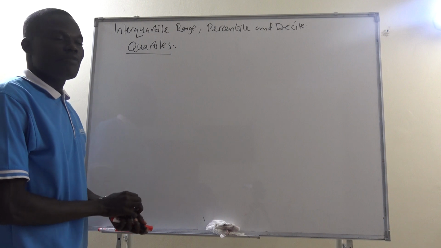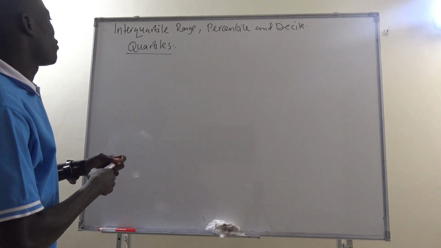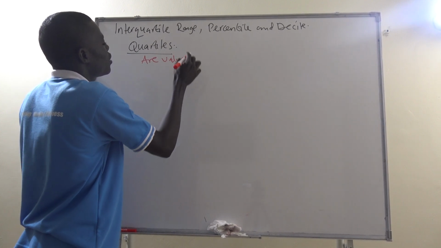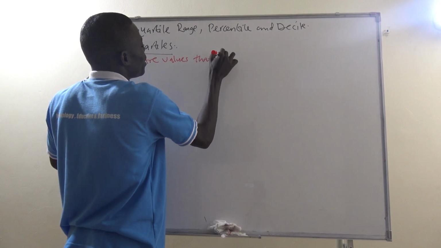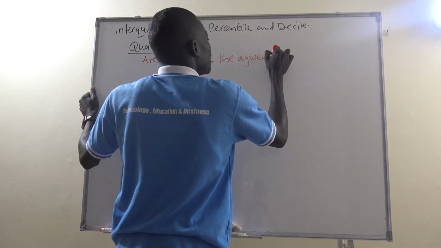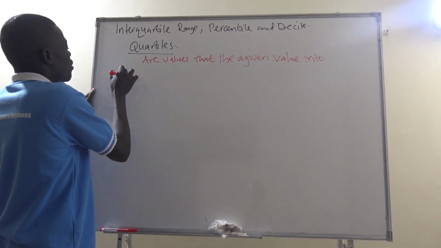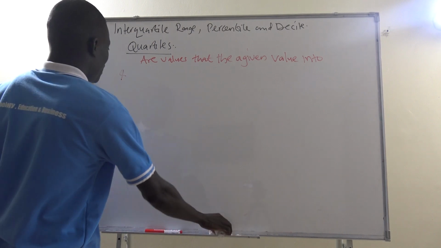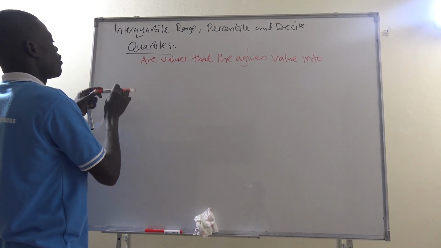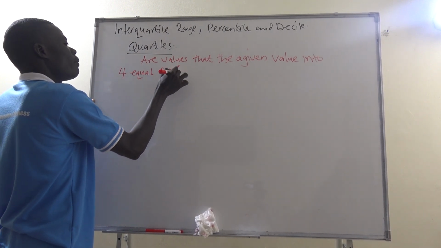These are values that divide a given distribution into 4 equal parts.